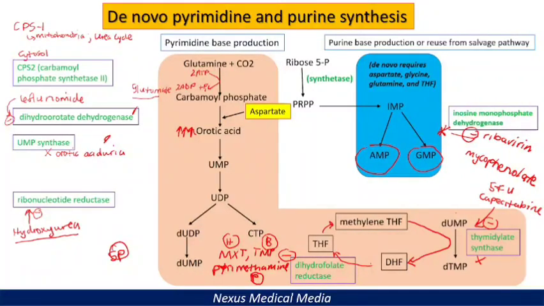Another step that is inhibited by important drugs is the synthesis of IMP. There are a lot of steps involved here, and they are inhibited by drugs like 6-mercaptopurine, that's the first drug, and another one called azathioprine.